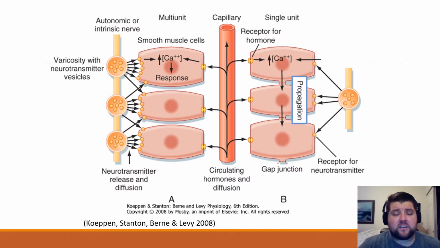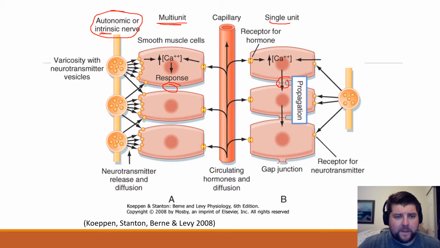Smooth muscles can be activated in a couple of different ways. This diagram here shows how some of these smooth muscles could work. On the left-hand side, we have a multi-unit smooth muscle system, where the cells are not connected here, whereas in the single unit, they are connected here. One of the ways smooth muscle works is through this nerve, this autonomic or intrinsic nerve.